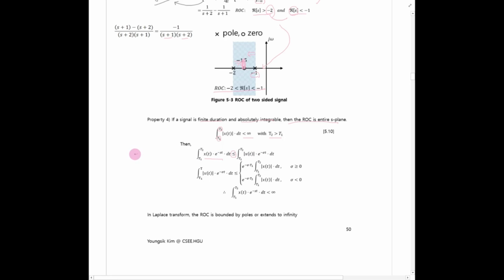You know that the magnitude of this one is equal to e to the minus sigma t, because of e to the j omega t, by taking the absolute value, it's 1. Because it's cosine plus j sine, the magnitude is the square root of cosine squared plus sine squared.